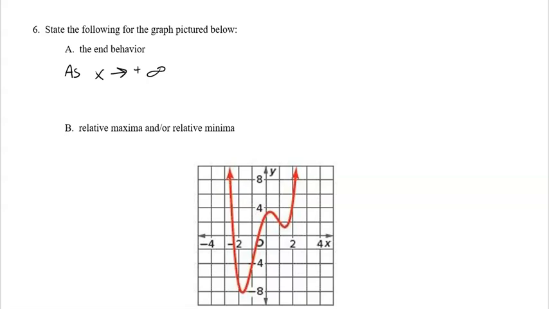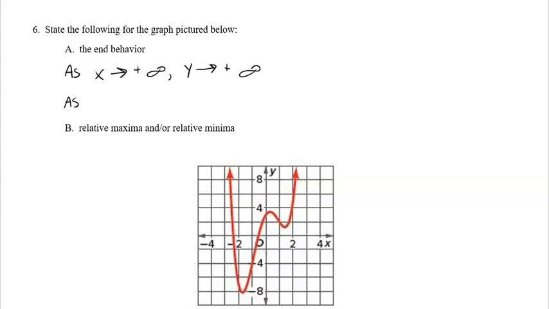That's going to the right. The graph, which is identified in this case, we can just say y, or if you did f of x, that would be okay. I'm just going to use y since that's what's on the graph. Since it's going up, we can say that y is also approaching positive infinity. So that describes the right end.